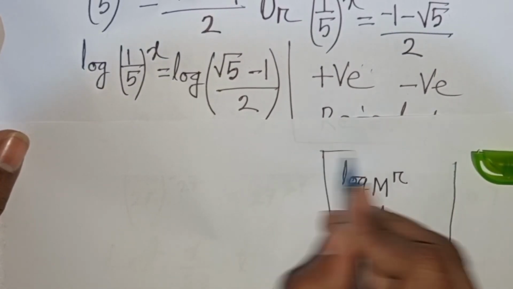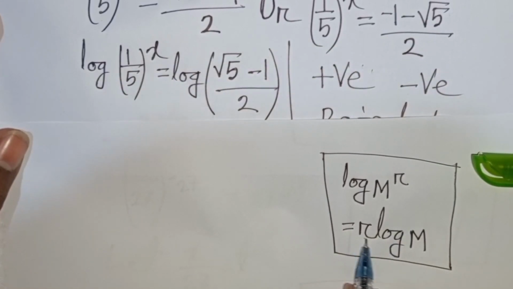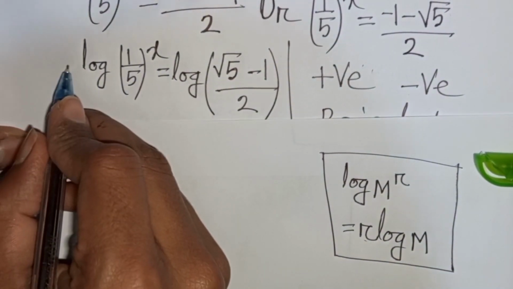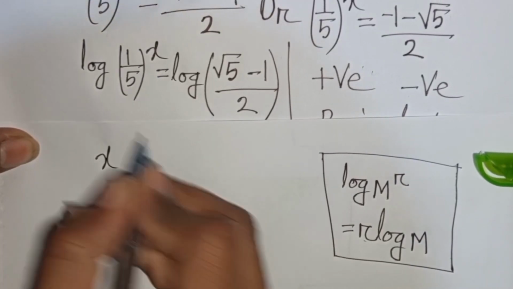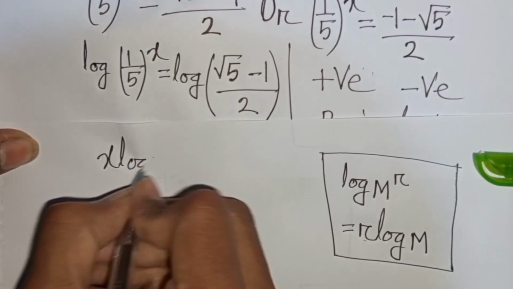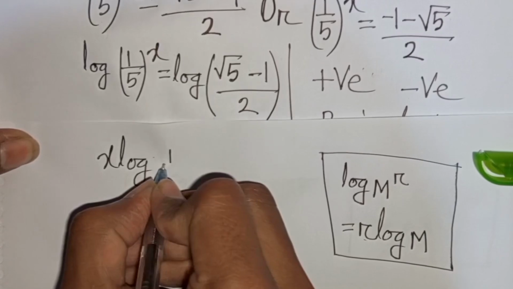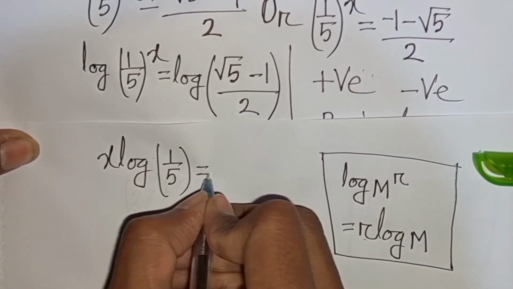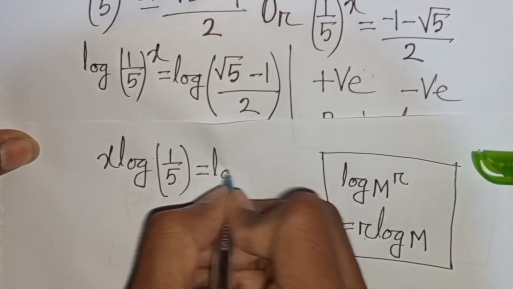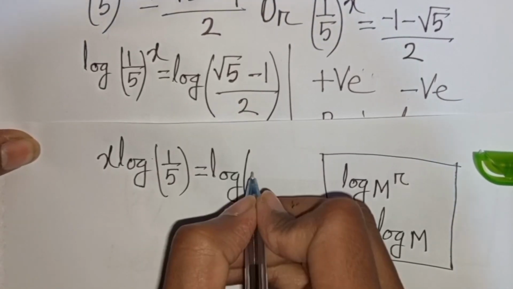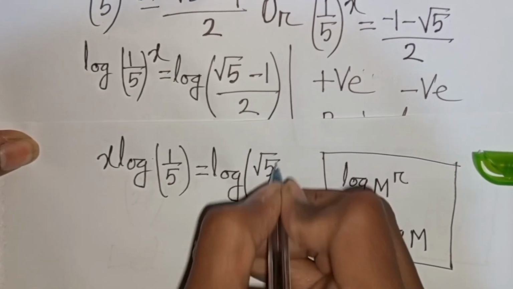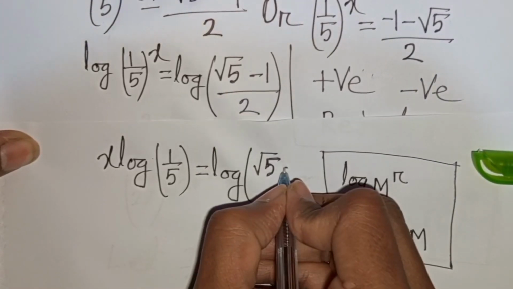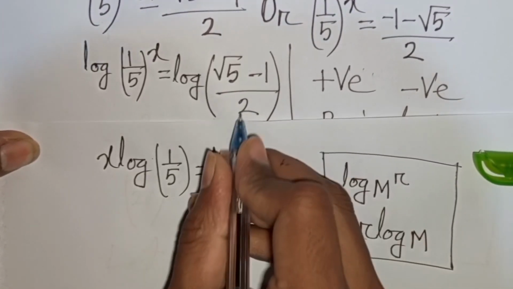That means this power r moves to the front. So according to this rule, this power x will move to the front. So you can write here x log 1 by 5 is equal to log of square root of 5 minus 1 over 2.